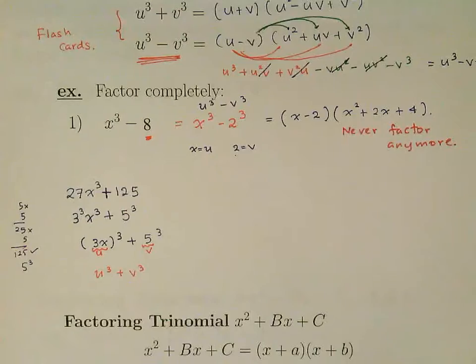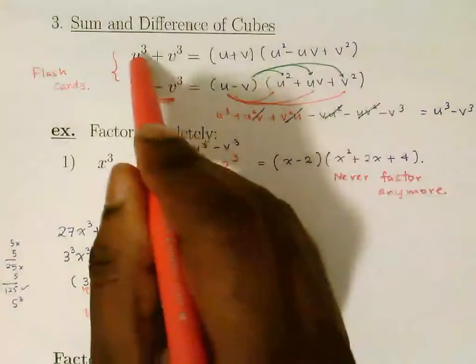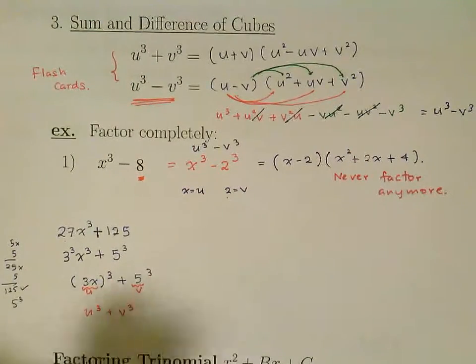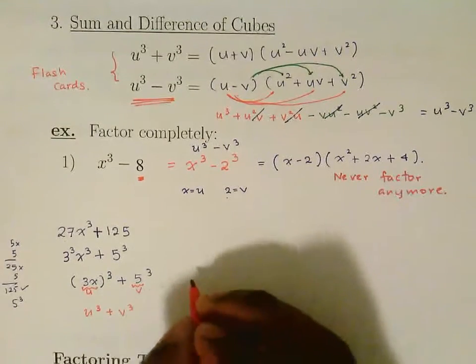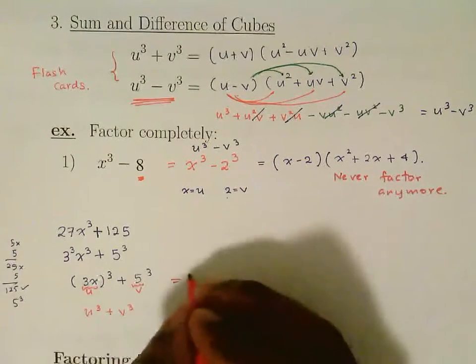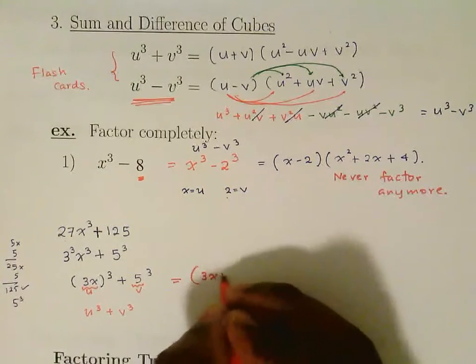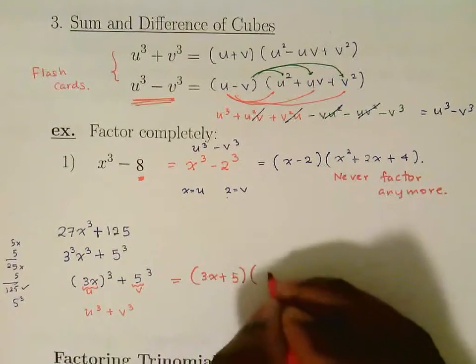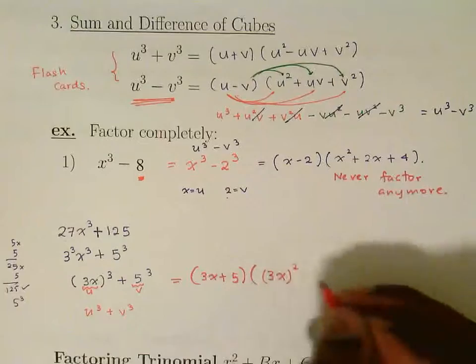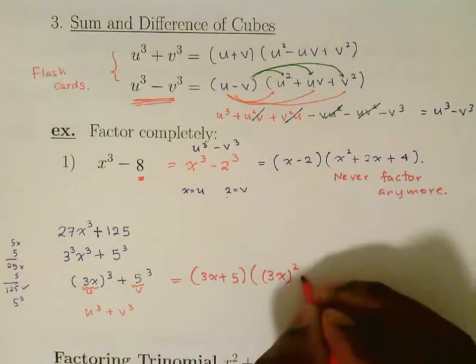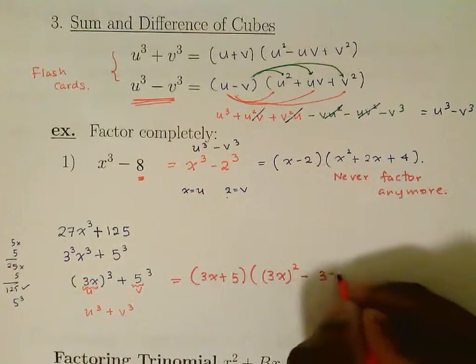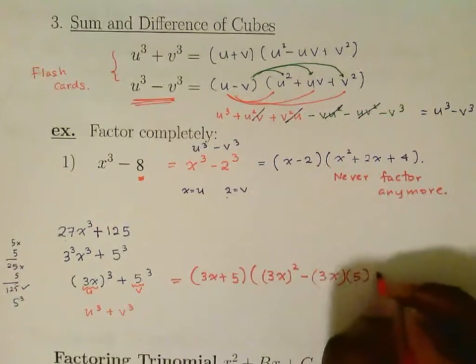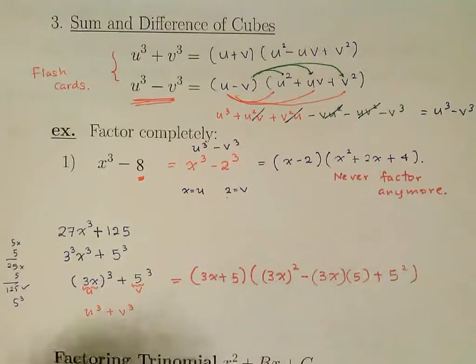Okay, and by applying the formula u cubed plus v cubed, you can get 3x plus 5 times 3x squared minus 3x times 5 plus 5 squared.